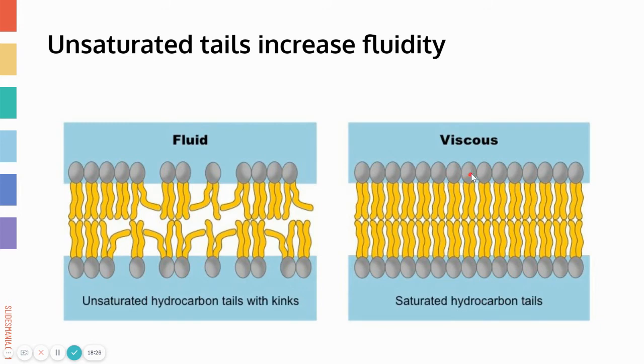There are no bonds connecting this phospholipid to this phospholipid. It's just those interactions of hydrophobic attractions down here and hydrophilic attractions right here. And because that's the only thing holding the membrane together, you get a decrease in those attractions when the molecules are spread out like this, and that causes the membrane to be more fluid.